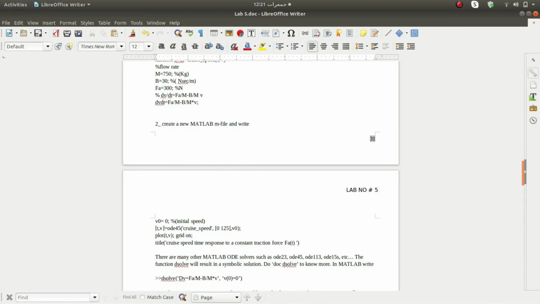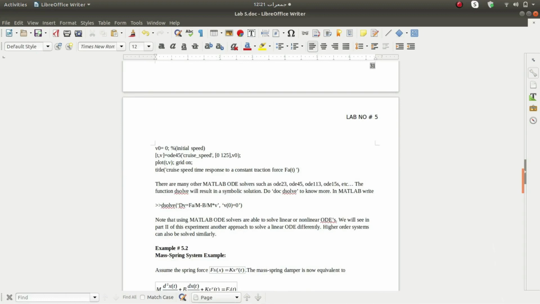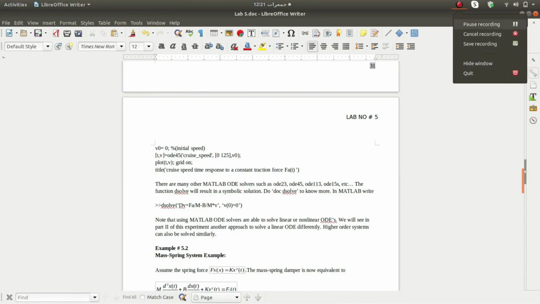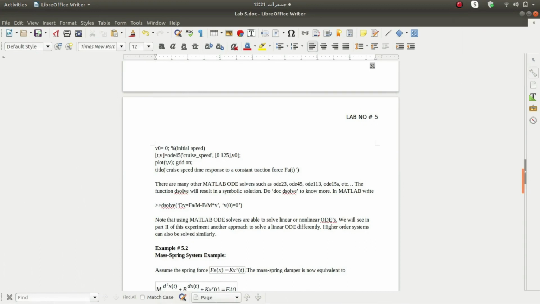Now we are plotting this relationship with respect to time. Grid on basically gives you a graph on a grid, and we have declared the title of our graph. So it will show you the result in graphical format. You can see here we are also using dsolve for the same equation.